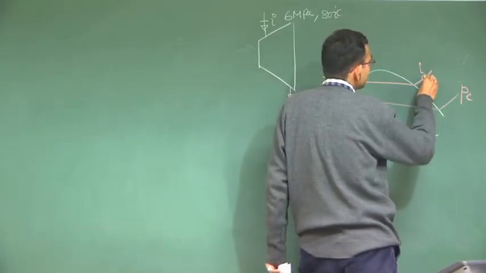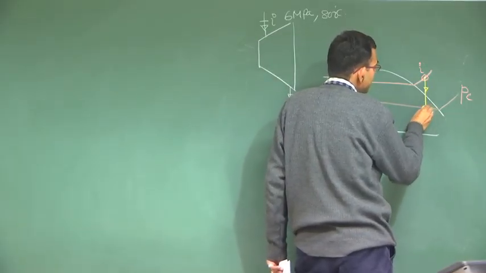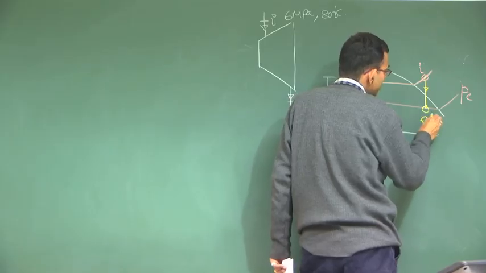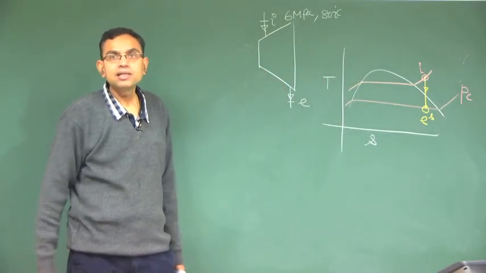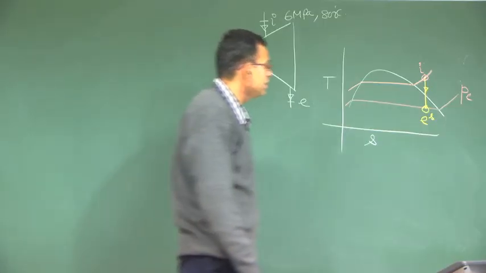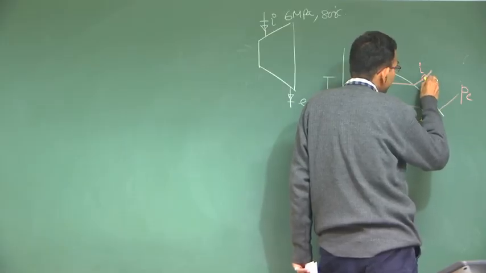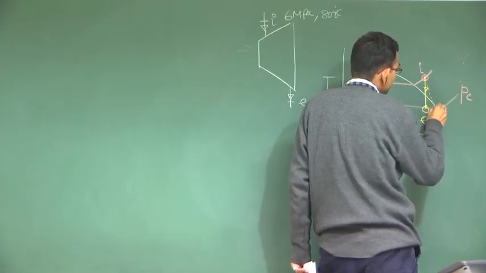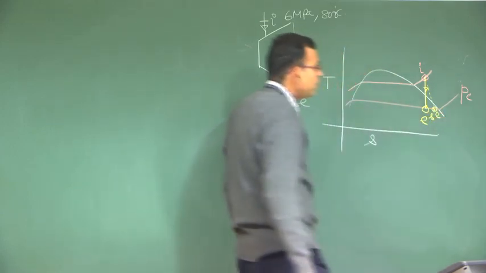So, if it would have been a reversible adiabatic process, let us call this as ES. This is not the actual state E, but this is the reversible adiabatic hypothetical state E. So, ES. The actual process will take the point E somewhere here.